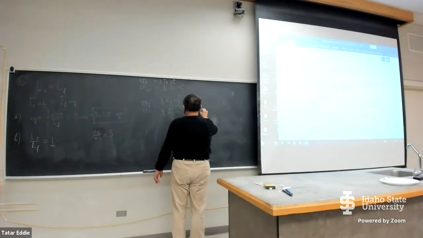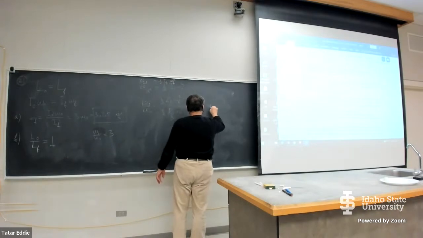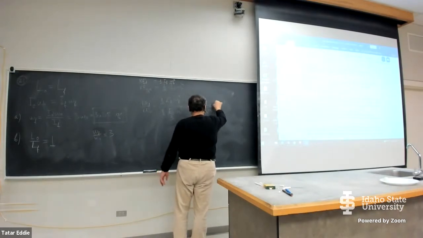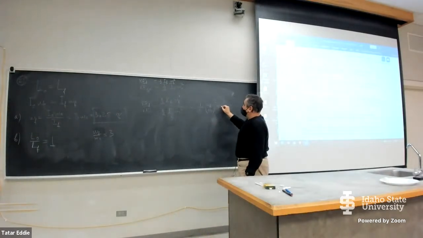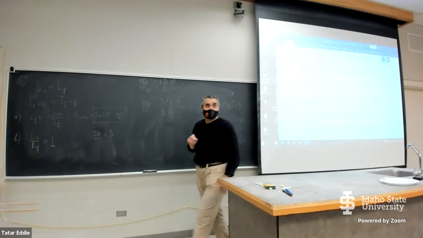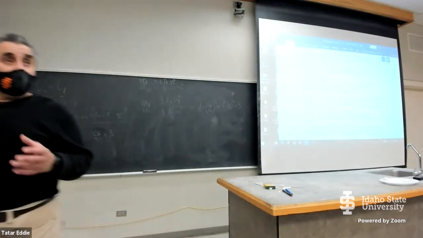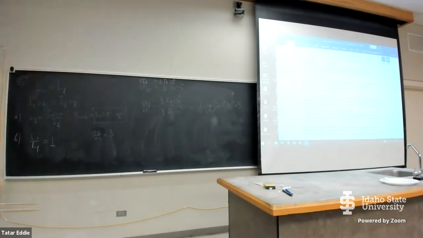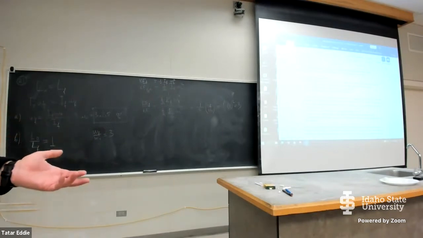You have 1/3 in the ratio of moments of inertia, and here you have omega final divided by omega initial squared, which is 3 squared, 9. So her kinetic energy increases by a factor of 3. So notice that the kinetic energy is not conserved. On one hand, we have conservation of angular momentum. On the other hand, energy doesn't seem to be conserved.